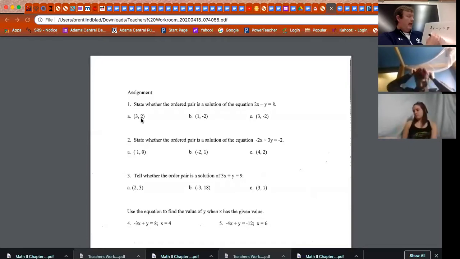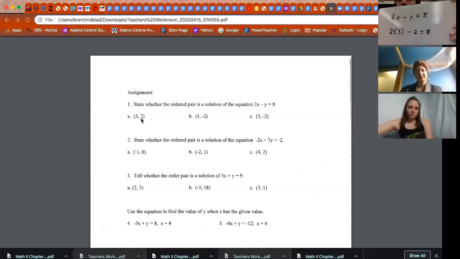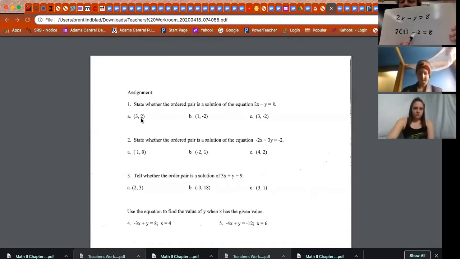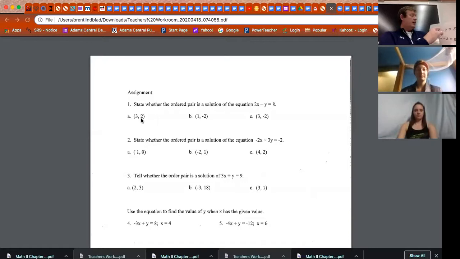So in that A, it would be 2 times 3 minus 2 equals 8. When we do that, 2 times 3 is 6, and then 6 minus 2 makes 4. So we know that A is not the answer. Does that make sense? Then you move on to the next one, and you try putting in 1 and -2.